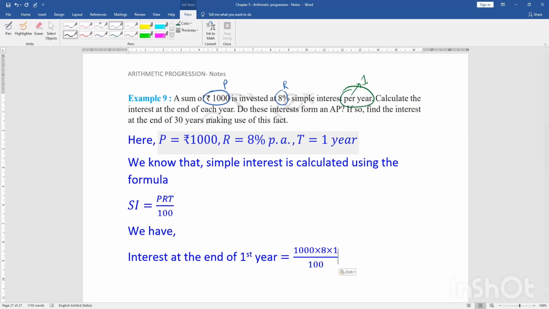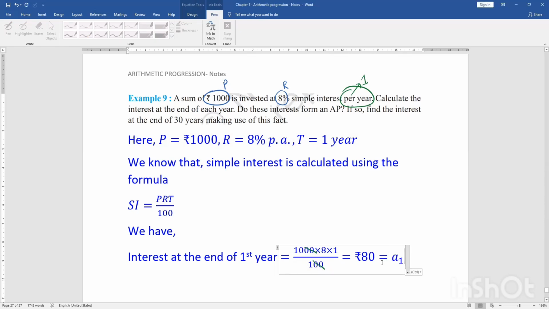So what do you get now? We get rupees 80, which is nothing but A1. So that is the first term.